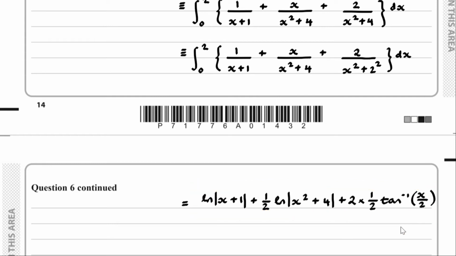So we are integrating this, giving us the result we see here.